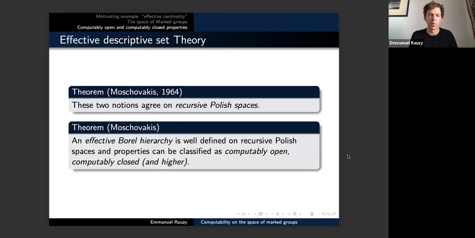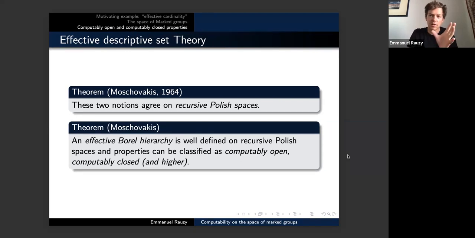And furthermore, an effective Borel hierarchy can be defined on recursive Polish spaces. Properties can be classified as computably open, computably closed. And you have hierarchy theorems, and there's a well-developed theory that you can apply. And in this setting, you can do exactly what we set out to do, and you have tools to do it.